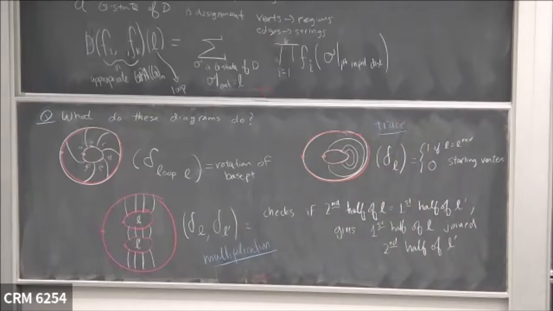A diagram with no input disks on a graph. So no input here. What is the result of this? The number of paths that have that shape. Not the number of paths, but actually the sum of all paths that have that shape.